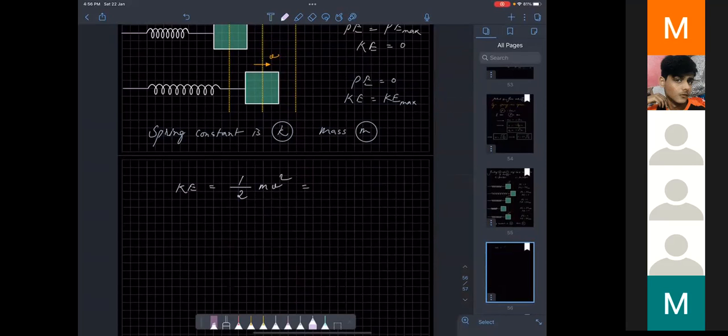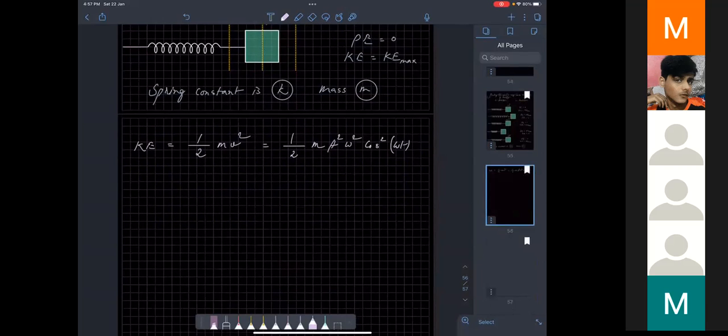Which is equal to half m a square omega square cos square omega t.